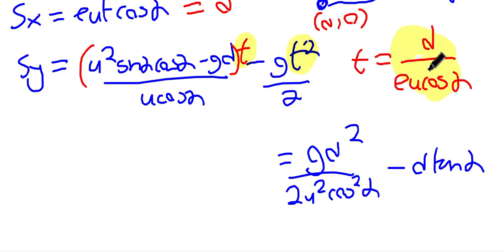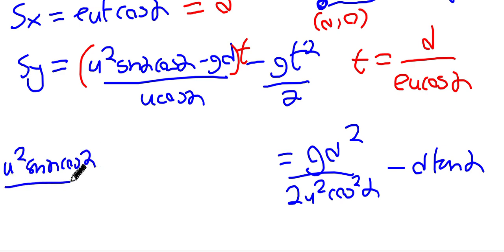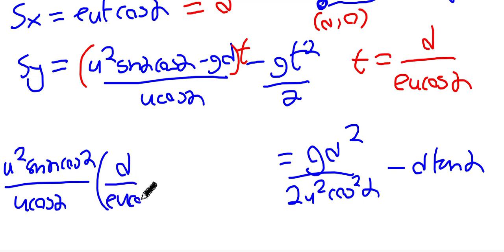Did I make the right move? Did I not make the right move? Here we go. Let's find out. Okay. I think I remember doing this last year, and I think we just packed it in after a while. But here we go. So it's u squared sine alpha cos alpha over u cos alpha times t. So where's the t going to go? D into? Yeah, do you know what I'm thinking?